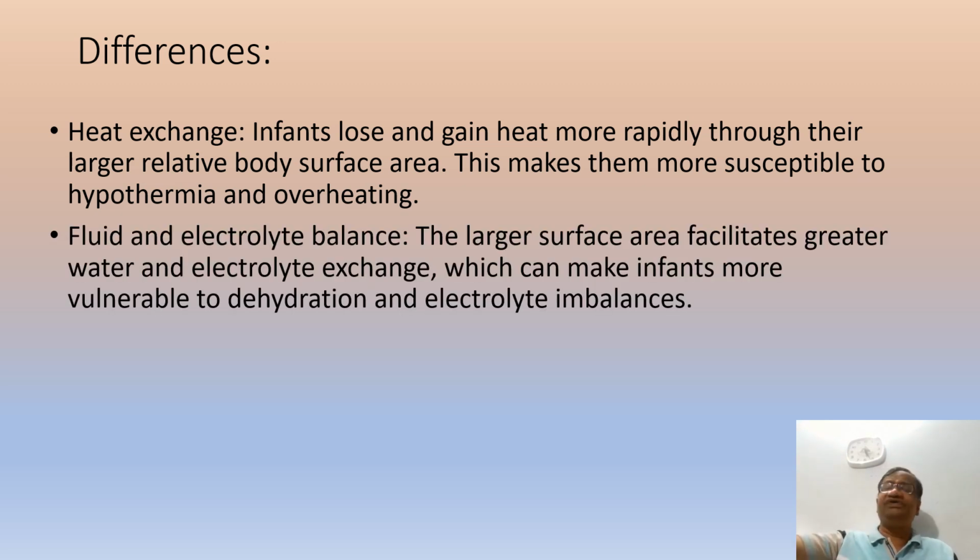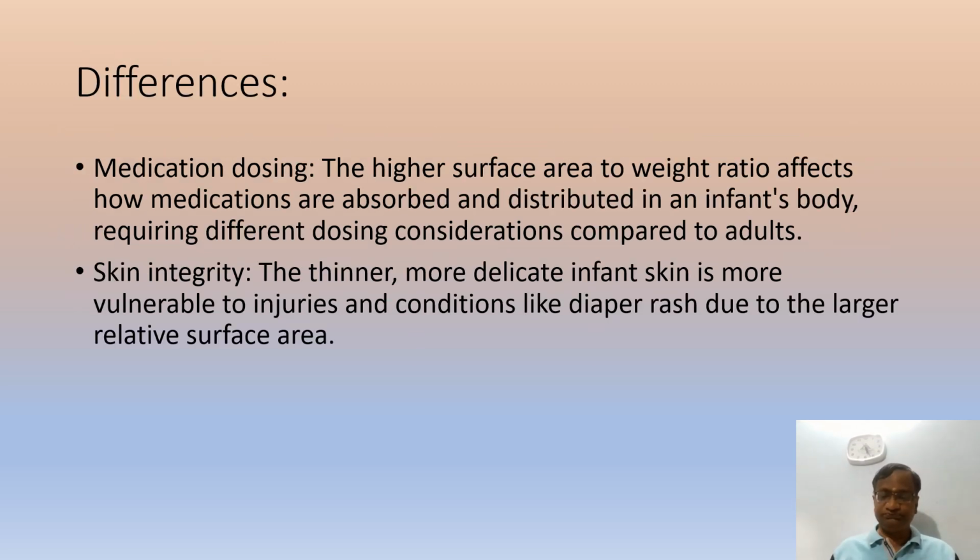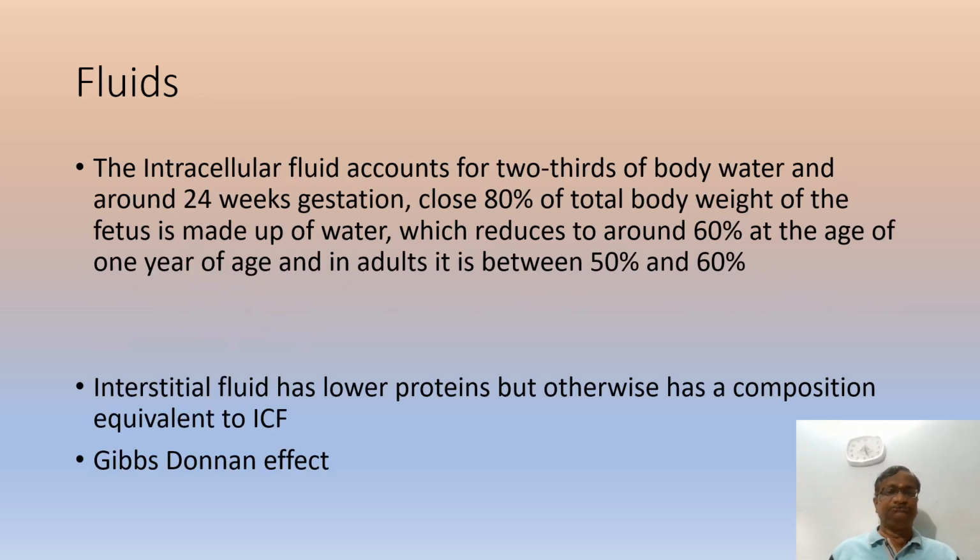The larger surface area facilitates fluid loss. Medication dosing, the higher surface area, see here, difference in dosing. The skin integrity, delicate skin, vulnerable to injuries. The intracellular fluid accounts for 2/3 of body water, around 24 weeks of gestation close to 80%, but it comes to 60% in adults.